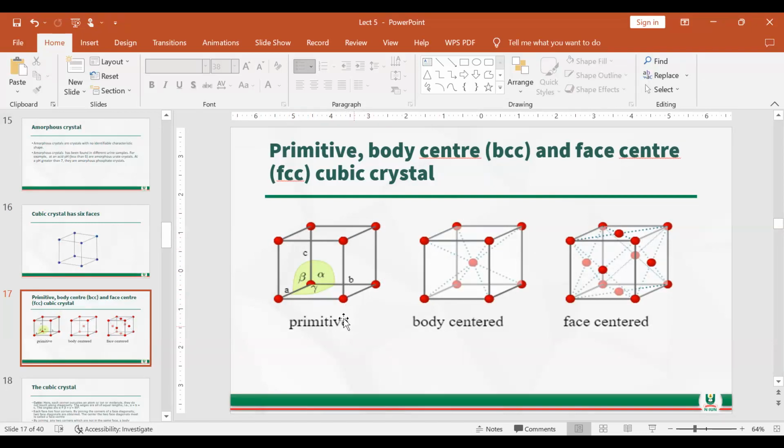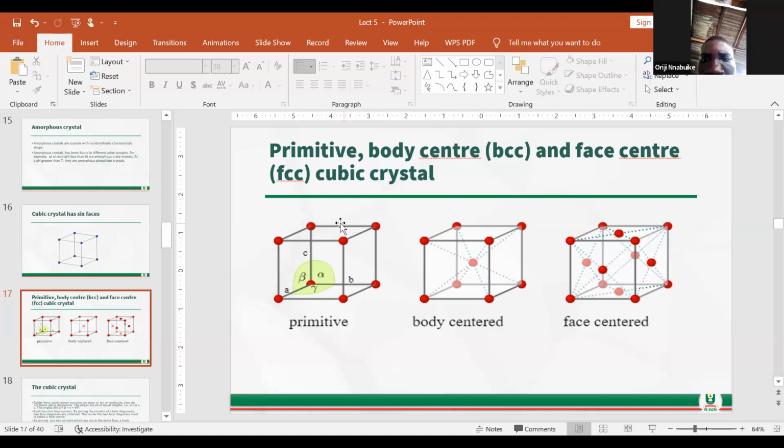Now, this is a primitive cubic crystal. The unit cells are at the corners of the cube. Now, for the body center, there will be 1 in the body. When you have 1 unit cell in the body, you draw a line to all the 8 corners, and that is what we call body-centered cubic crystal.